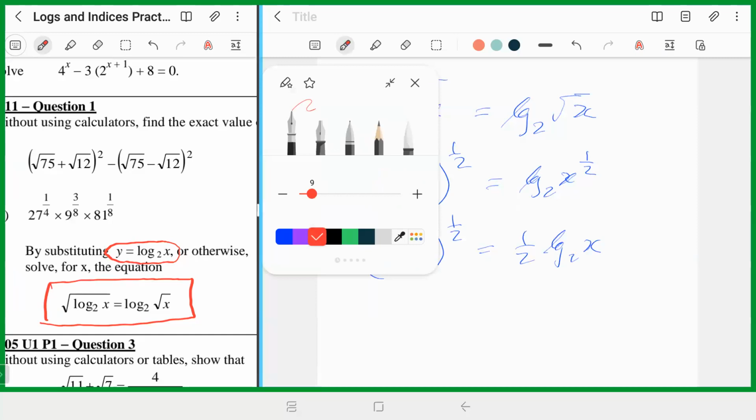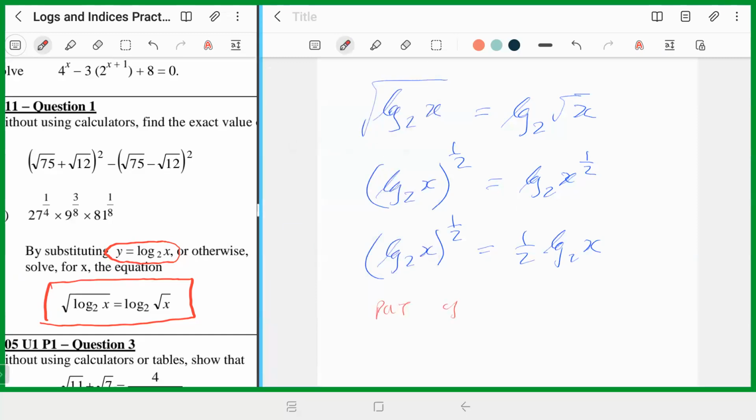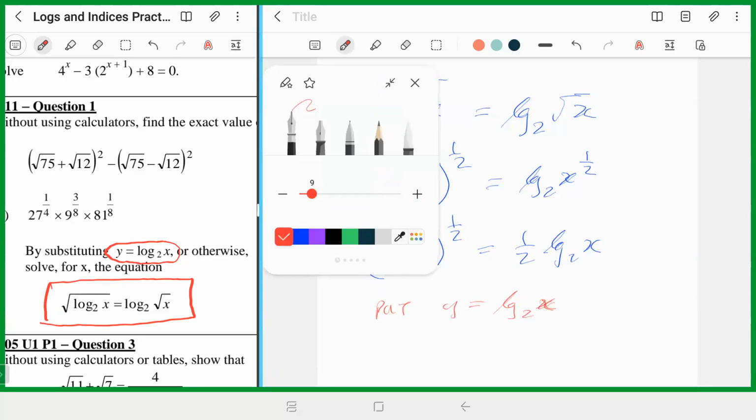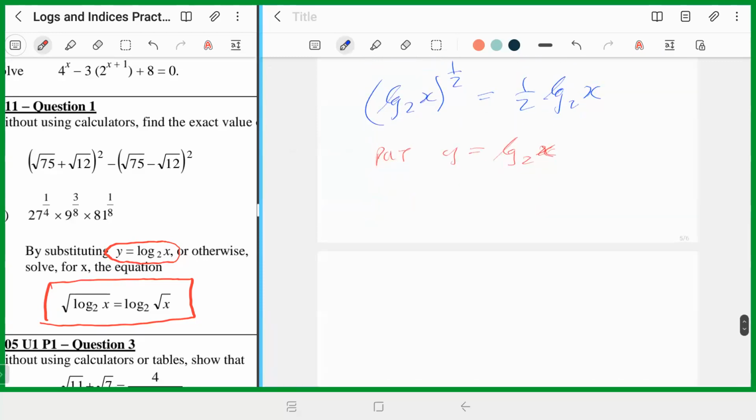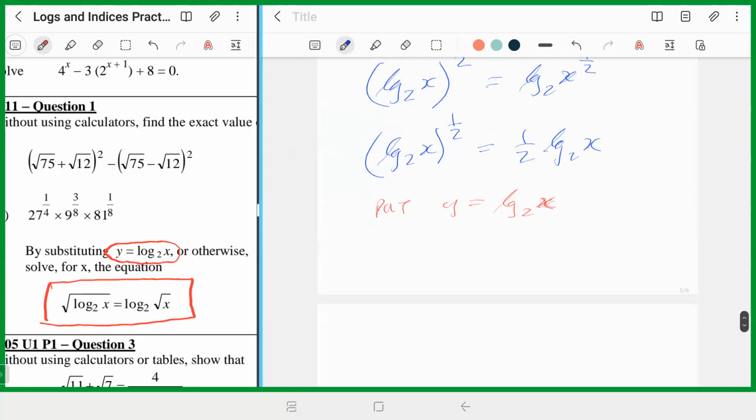I'm going to put y equals log to base 2 of x. Therefore, it reduces to y to the half equals half y.